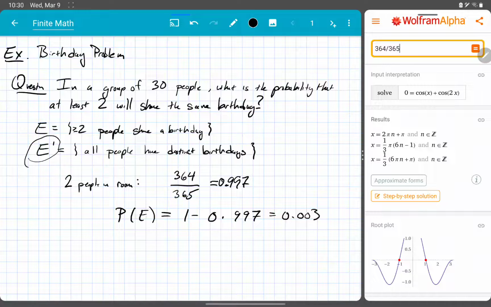Okay, now let's take this baseline probability, this 364 over 365. Let's assume that the two people in the room don't have the same birthday. Now let's let a third person come into the room. How many ways are there for the third person to have a different birthday from the other two?